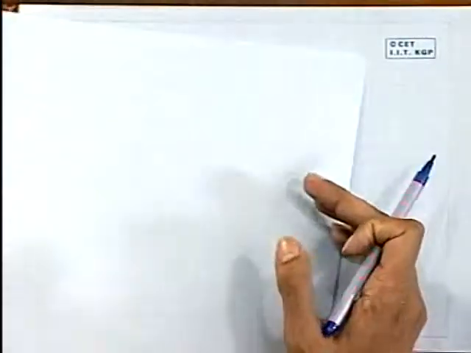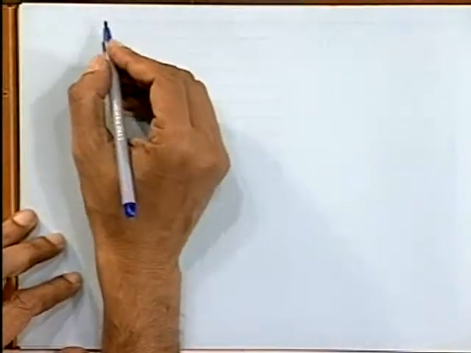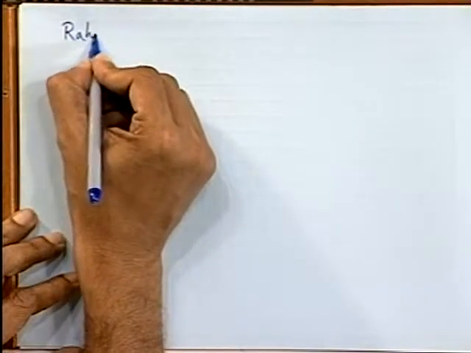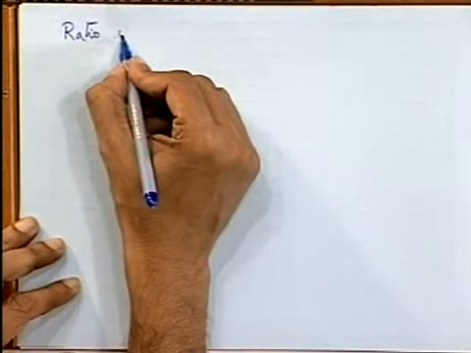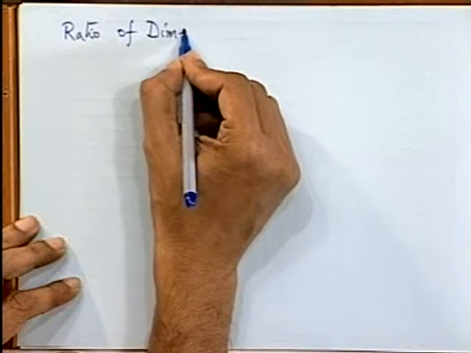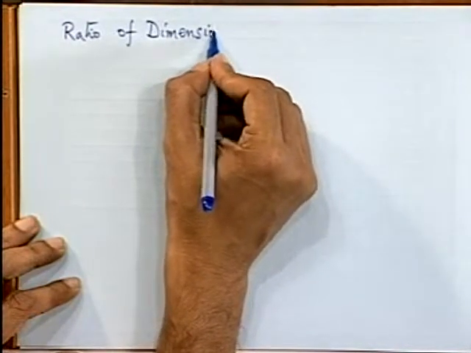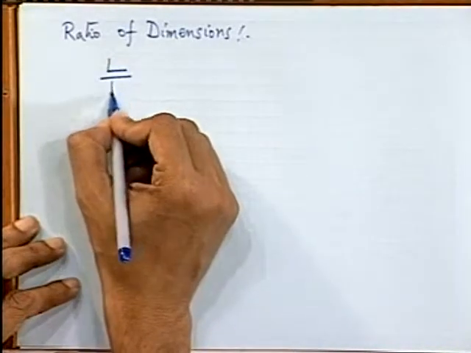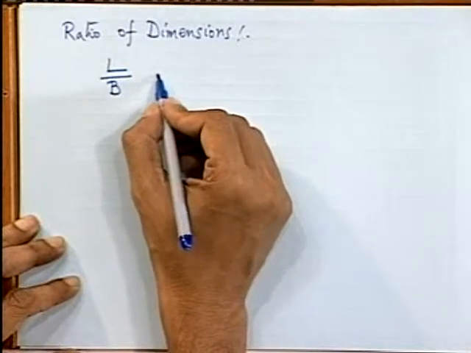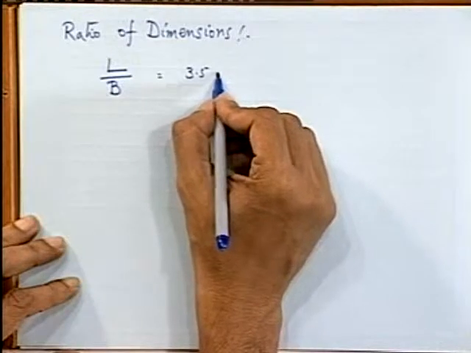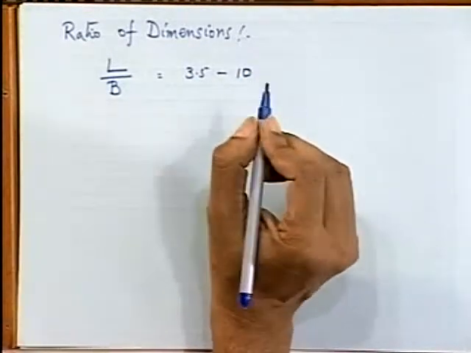And the other ratios that are dimensional ratios: normally you will find the length divided by the breadth to be between as low as 3.5 to 10. It can be as high as 10.